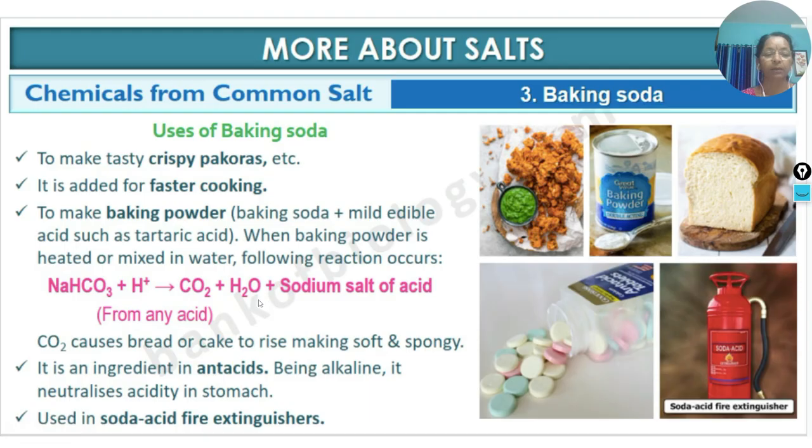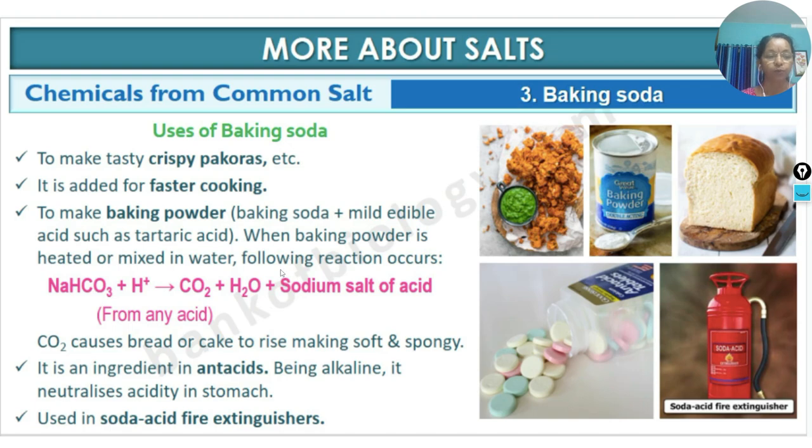Sodium carbonate is a base which is not healthy for our stomach, so we can avoid that problem by adding a mild edible acid. Baking powder is a mixture of baking soda and mild edible acid.